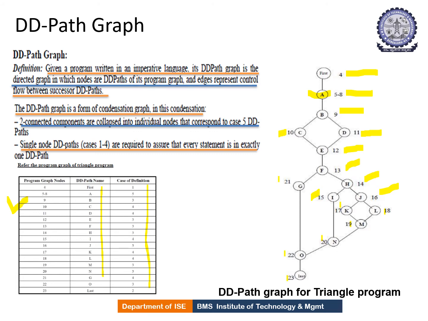We have condensed and renamed different paths, and we have executed from line number 1 to line number 23. This condensation graph we call the DD path graph.